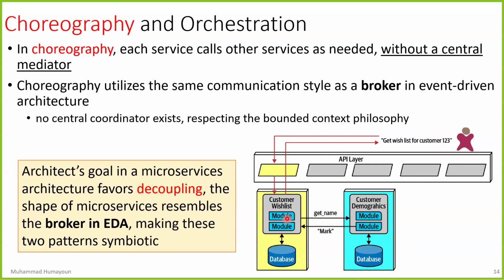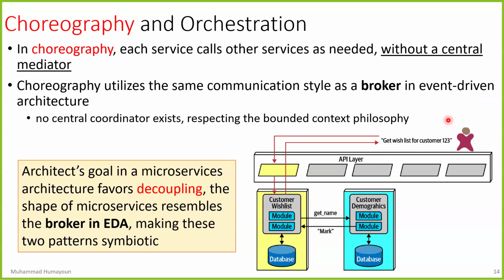So it calls maybe a RESTful API and says, get me the name for customer ID 123, and it is returned back: Mark. So now the customer wish list nicely displays all the wish list that was over here, but also says something like, welcome Mark, here is your wish list.